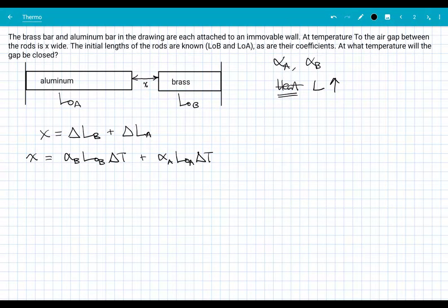If you cut it up into, say, millimeter slices or centimeter slices, whatever, each little slice is going to expand a little bit. What that means is that the more material you have, the more expansion that material will experience, right? It'll experience a particular length expansion per unit length. So the more length there is, the more expansion that can happen. So that's why that's a proportional part of that expression there.